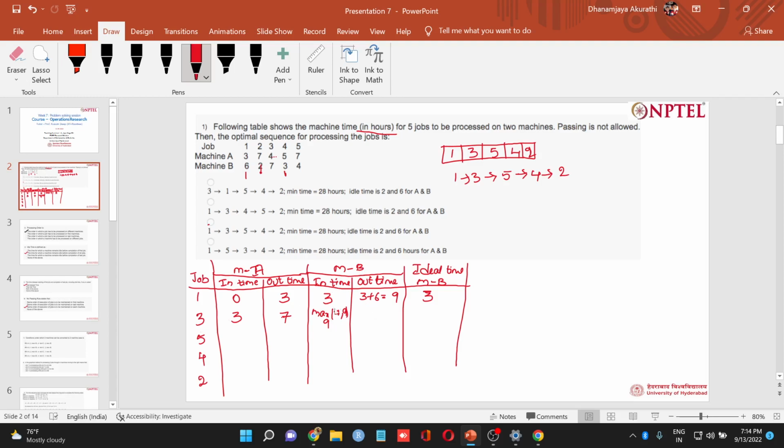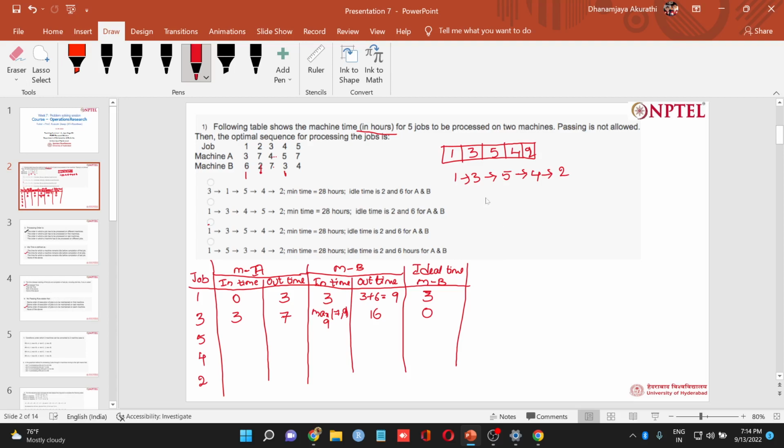So this is the in time for job 3 on mission B. The processing time for mission B is 7 hours, so the in time is 9 hours and 9 plus 7 is 16 hours, the out time for mission B. Here the in time and the previous out time are the same, so there is no idle time for mission B.